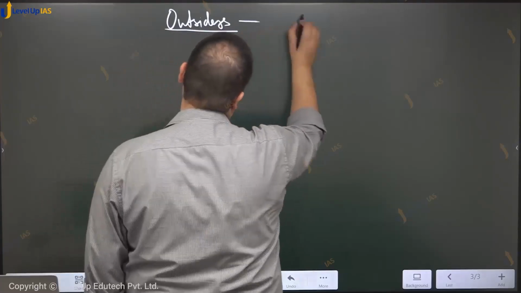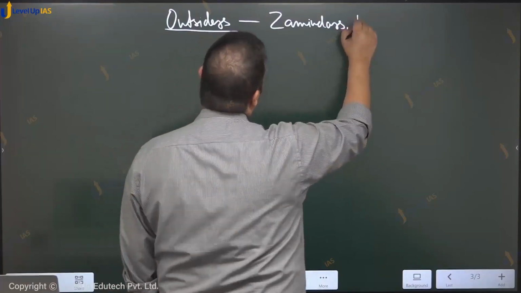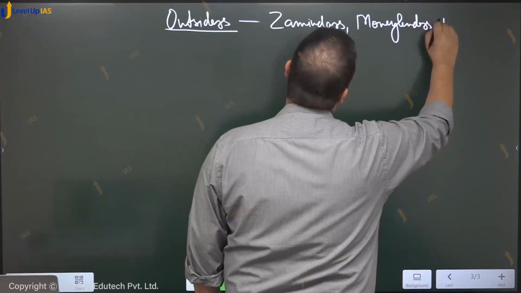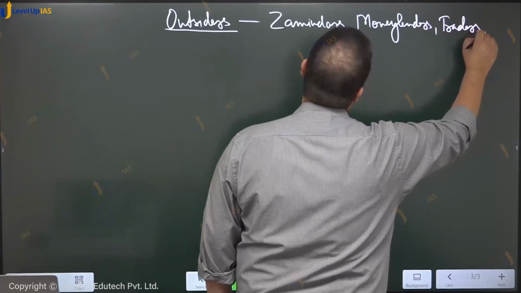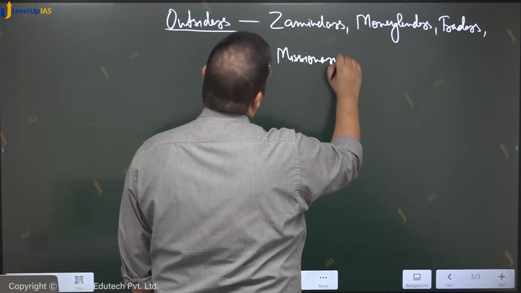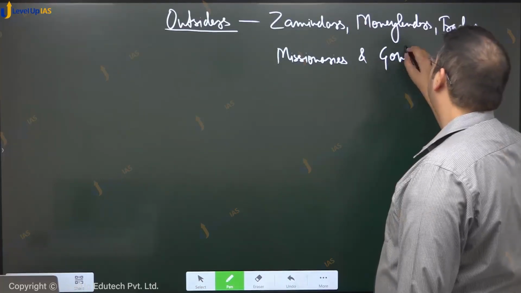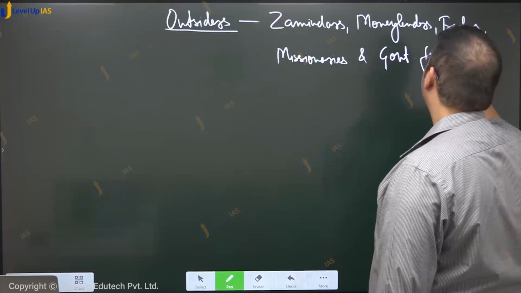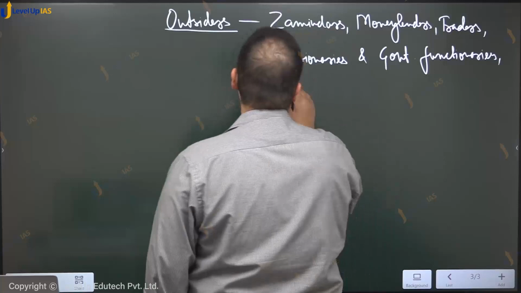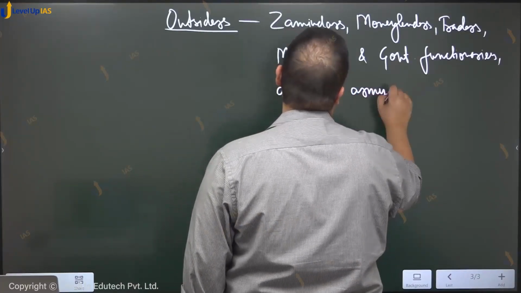Outsiders included zamindars, money lenders, traders, missionaries, and government functionaries. Government agents, and the army.